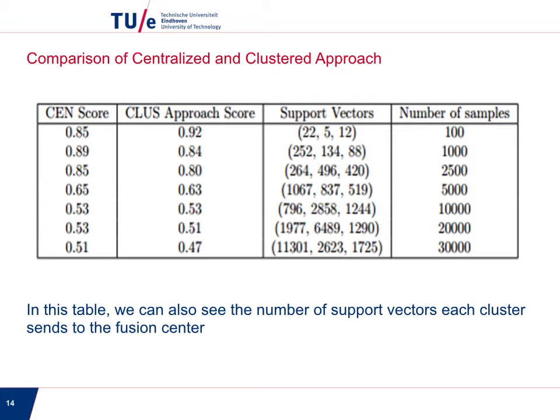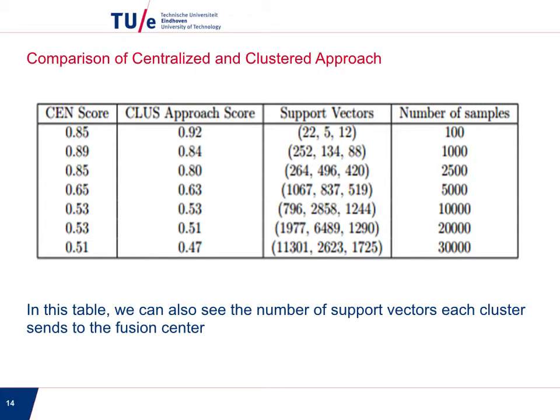Now from this table, we see that when the number of samples are low, both the centralized and the clustered approach perform equally well. But as the number of samples increase, the centralized approach performs slightly better.